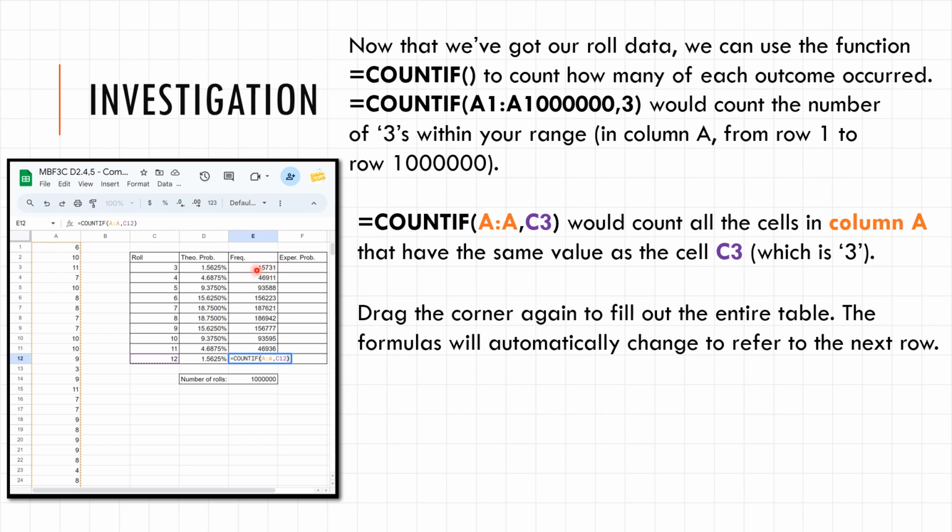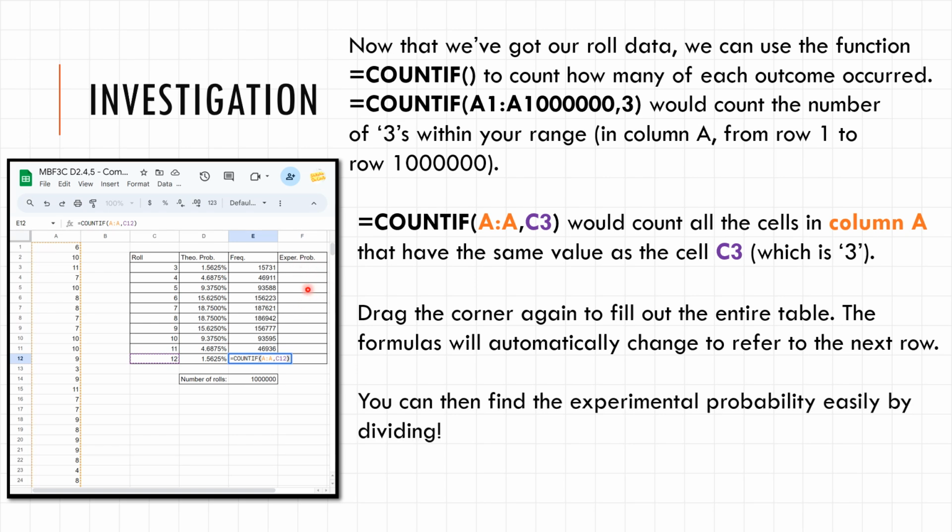So this spreadsheet will help us with the frequency. I have put in myself the theoretical probability, but what about the experimental probability? Well, spreadsheets can also do math for us. They can do arithmetic, adding, subtracting, multiplying, dividing, all sorts of stuff. So in fact, for experimental probability, I'm just going to divide. Remember, I have to divide the number of successful trials.